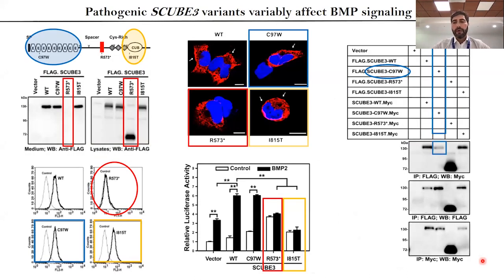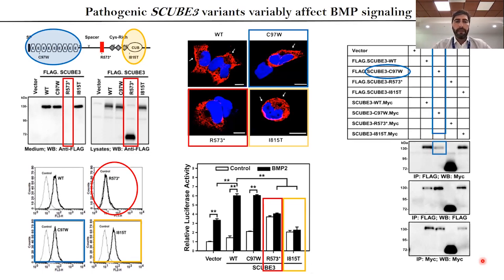Once we had understood the physiology of SCUBA3, we tried to understand the pathogenic mechanism of this protein when mutated. To do that, we generated 3 representative mutants. One was truncating, one was missense affecting the CUB domain, and one was missense affecting the EGF domain.